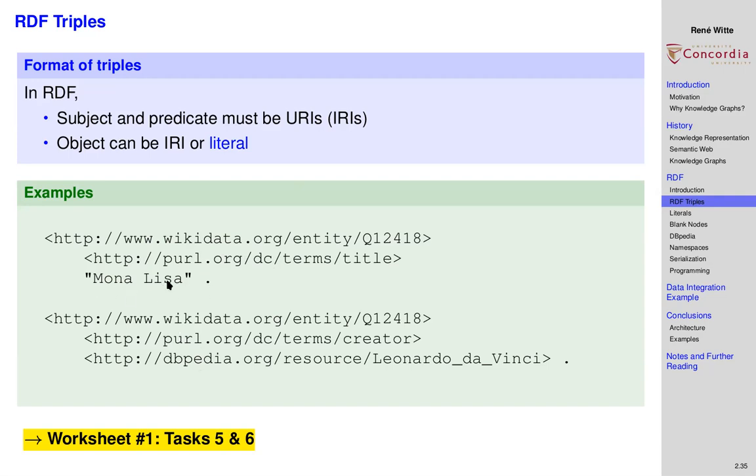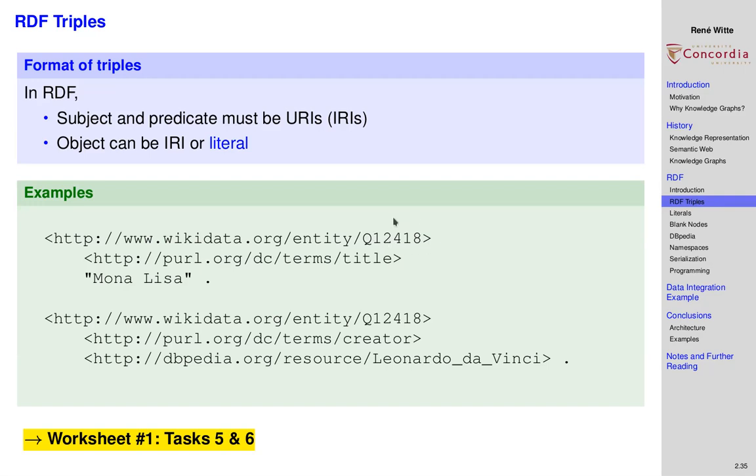In this case, it's a string literal, namely the name of the painting. So what you can see here first, the actual painting is represented with a URI. And we'll talk about this in more detail later on, but this is a knowledge graph on the web. It's called the Wikidata knowledge graph. And in Wikidata, every entity has a Q number. So the Mona Lisa happens to be the Q number 12418.